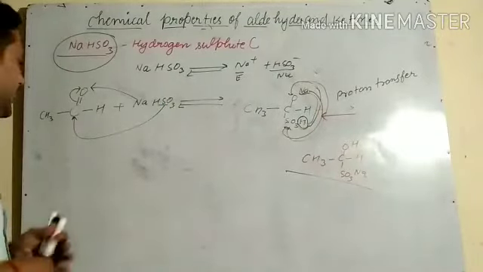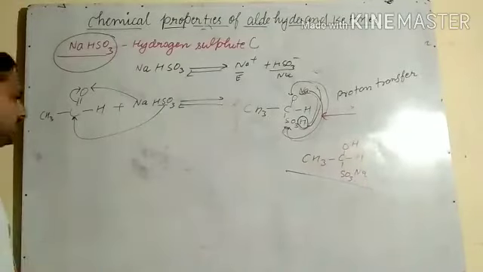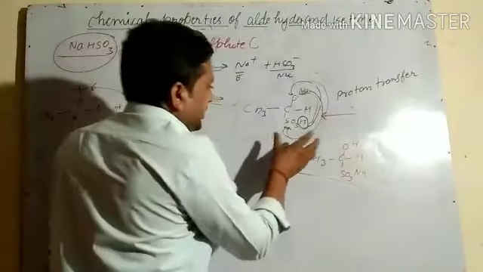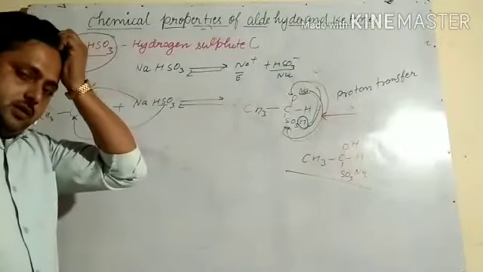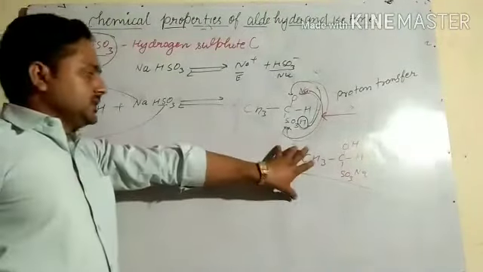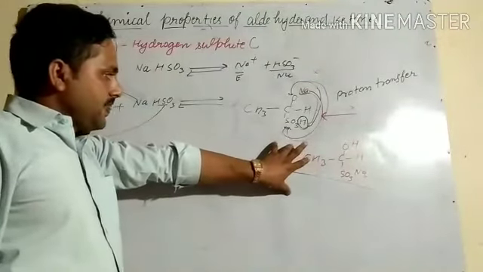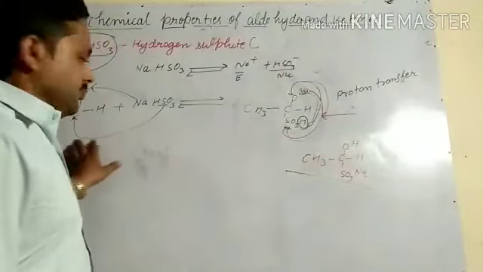Means instead of aldehyde, if we are taking ketone and mineral acid is added, the reaction converts again to reactant. This product will form and again it will change into the same reactant.